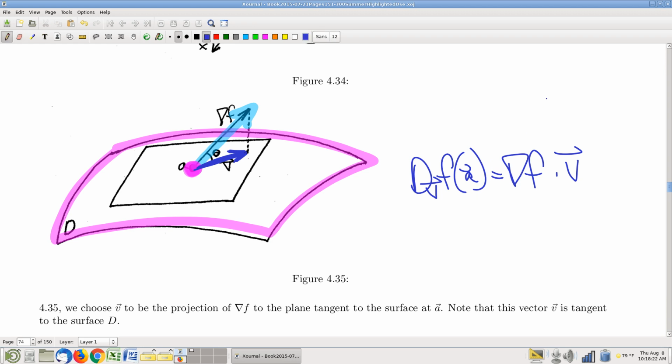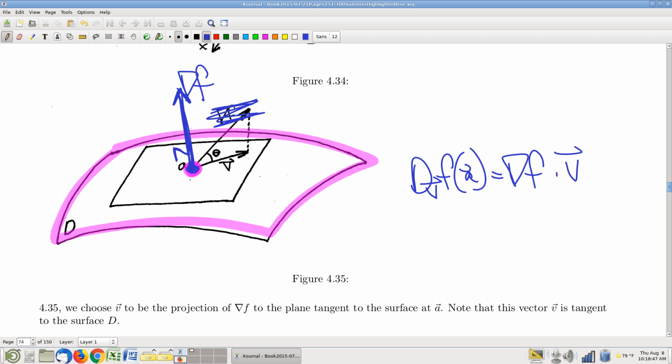Well, what if this picture is not representative? What if the gradient of f were perpendicular to the surface? If the gradient of f were perpendicular to the surface, then this projection down here would be nothing, and my argument fails.